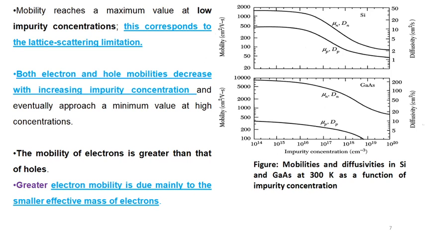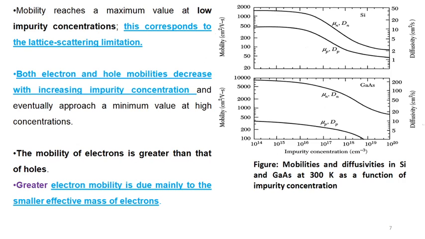Mobility will change according to your impurity concentration. Take the example here, from 10 to 14 up to 10 to 18 per centimeter cube. As your impurity concentration goes on increasing, the mobility value goes on decreasing, which we explained before.